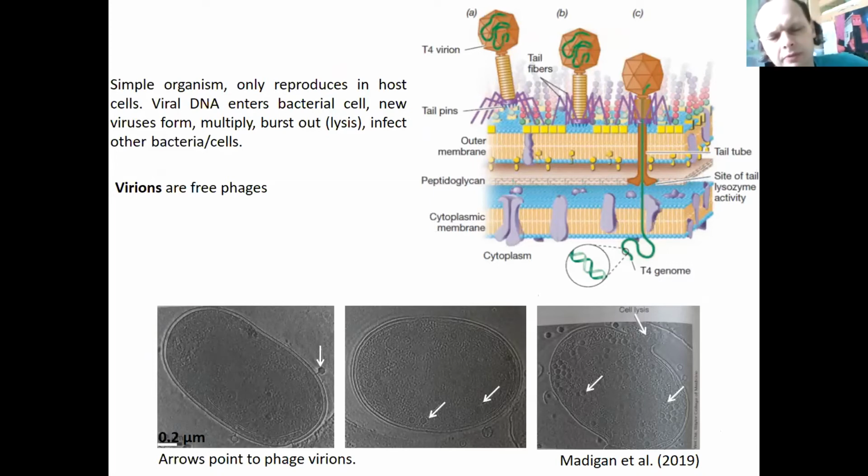They need a host cell to introduce their genetic material, DNA or RNA, through this tail, which simply pierces the outer membrane of the cell. So this is what the tail is needed for, for a virus to infect our cells, for example, or bacterial cells or any other cells.